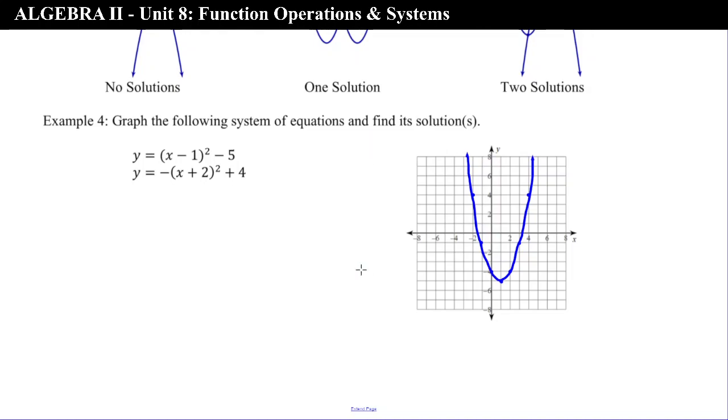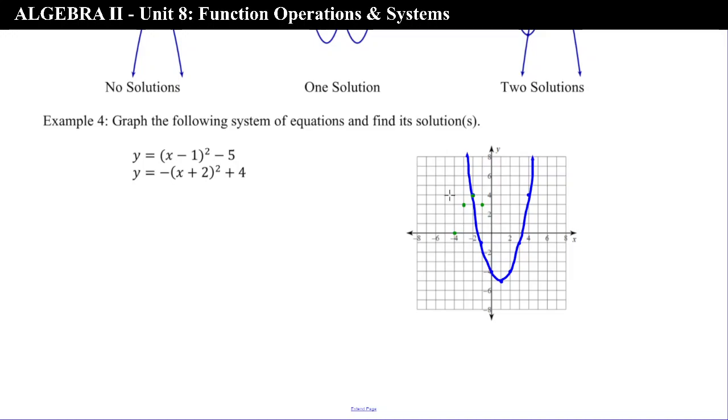Let's use another color for the other one just to make sure we keep everything straight. So for the second one, we're going to be concave down, first of all, and then we're going to be translated to the left 2 and up 4. So left 2, up 4, here's our first point, and then we are concave down. There's no stretch or compression, so that makes the rest of this fairly straightforward.